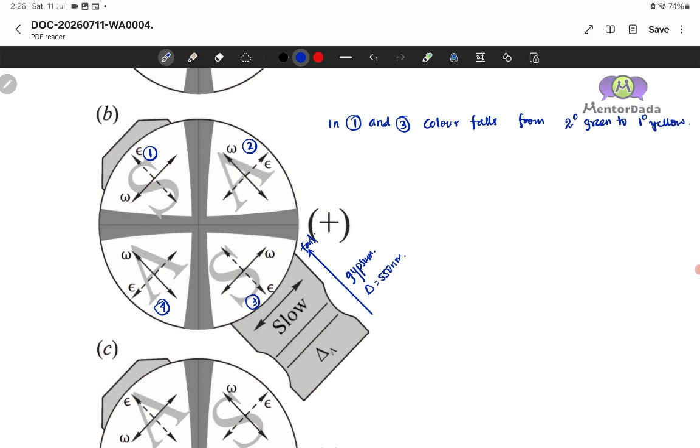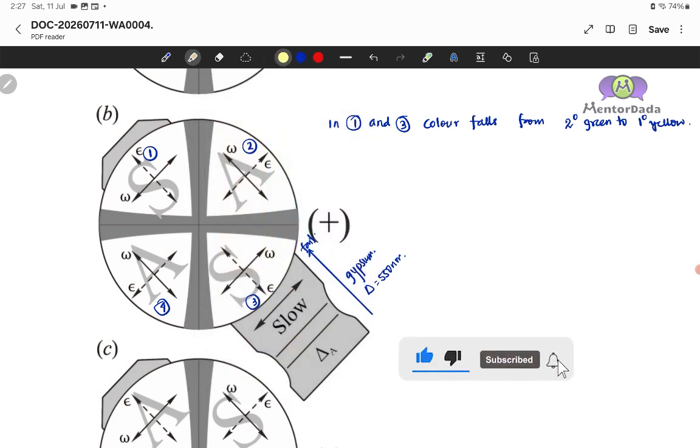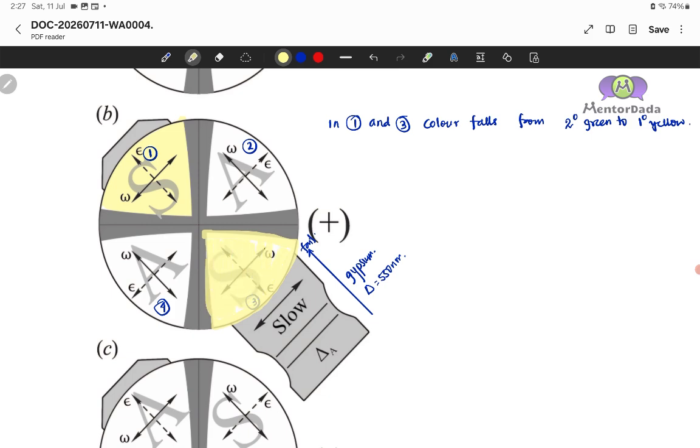Clear. So in this sector you will observe the yellow color. In this sector also you will see the first order yellow color.